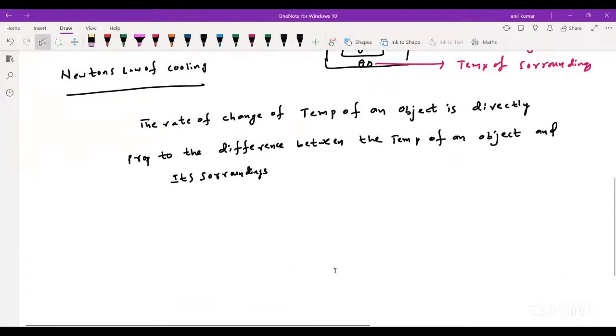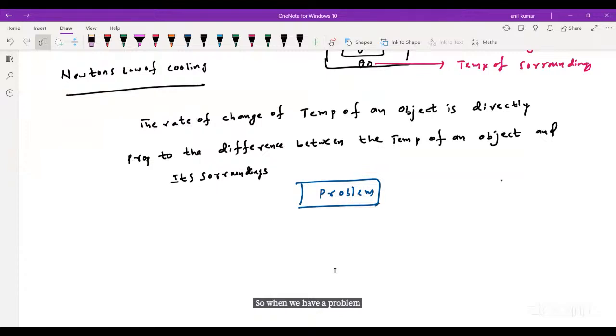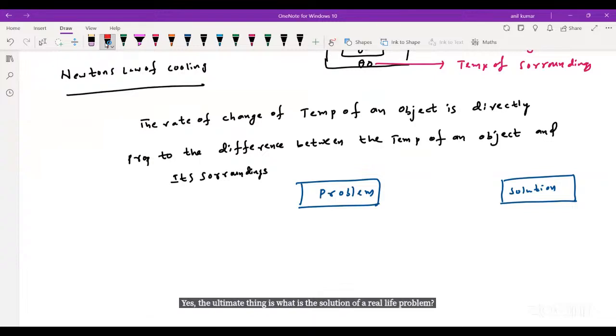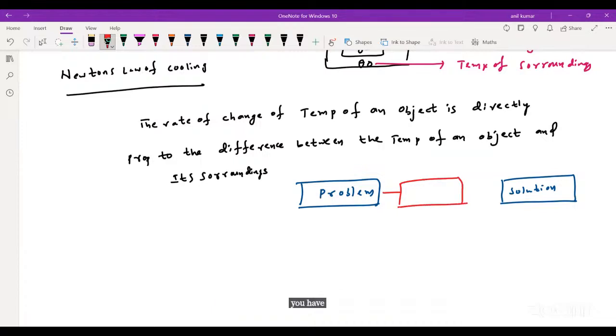Dear students, when we have a real life problem, always we are interested to find its solution. If you want to find the solution of a problem, you have to connect it with proper mathematics.